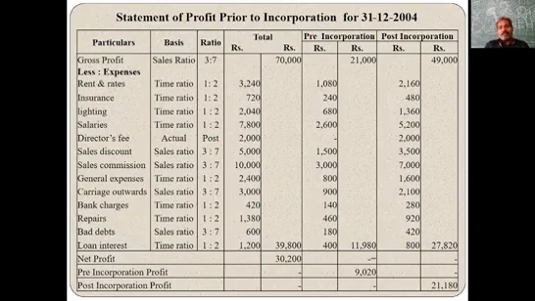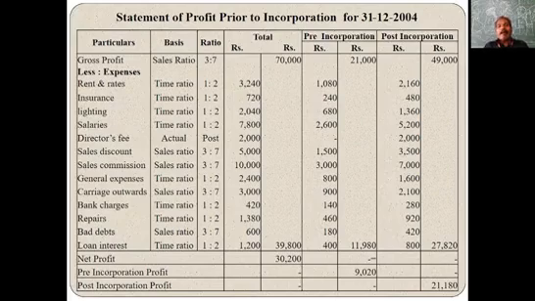Bank charges time ratio 420, 140, 280. Repairs also time ratio 1,380, 460, 920. Bad debts sales ratio 600, 180, 420. Loan interest, it's also allocated on the basis of time ratio. So 1,200, 400, 800 respectively.